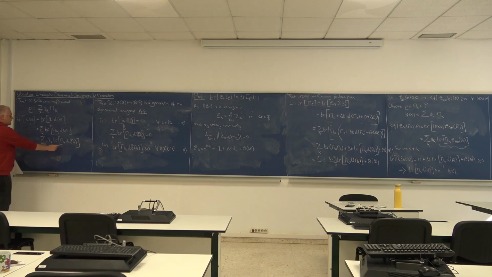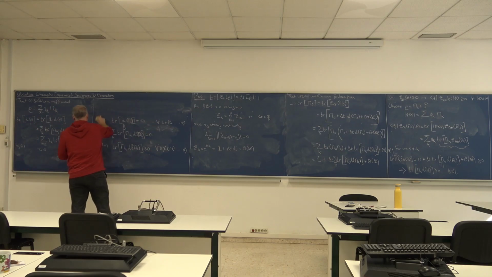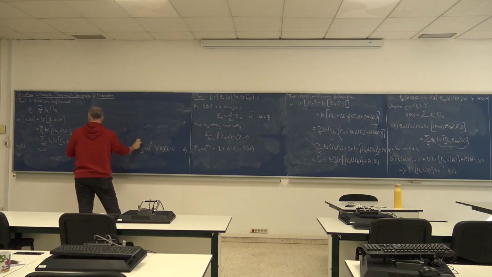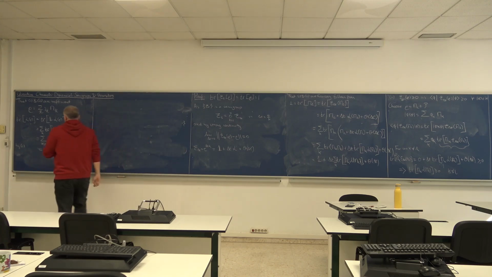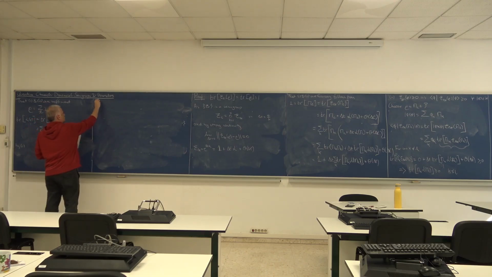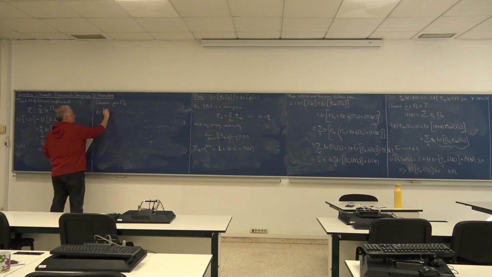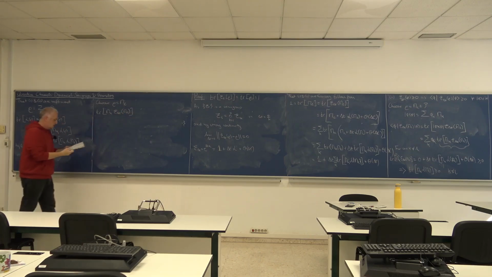Since this by assumption is 0, this is 0. And the second property follows pretty much the same as before. You choose rho to be some pi L, okay? And then you check this property, pi k. Okay?